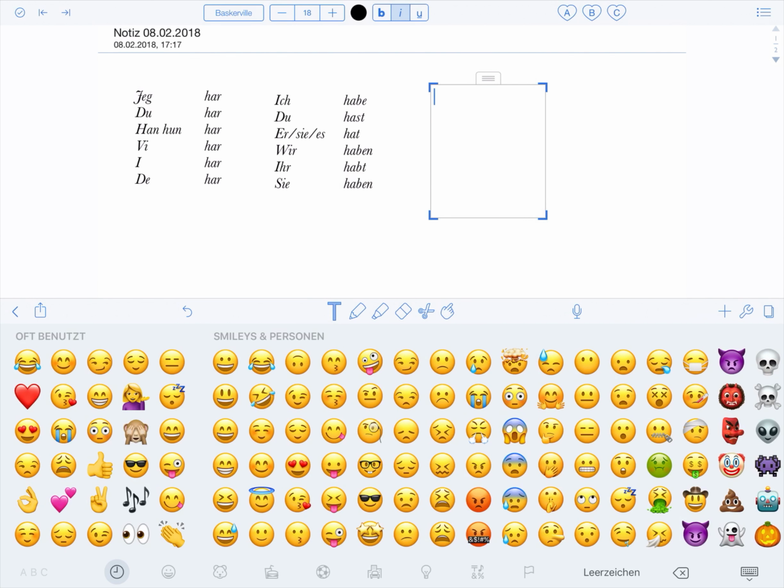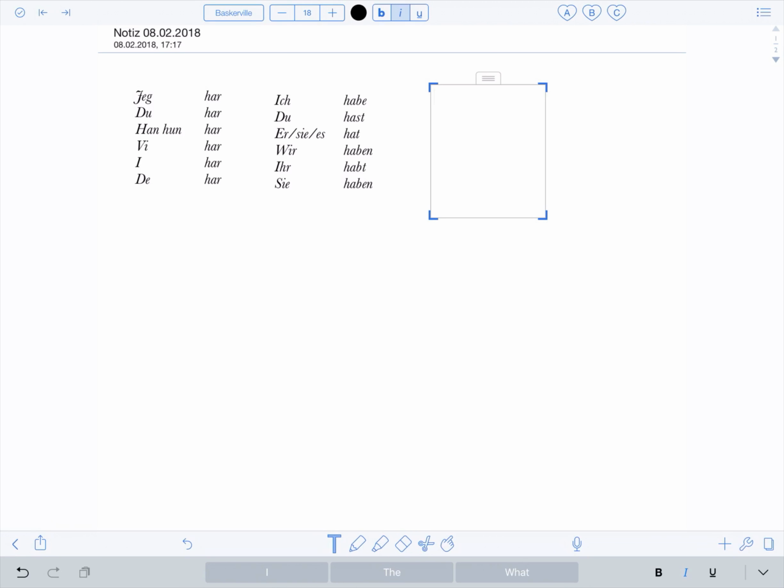We simply lack practice. Inflecting verbs in German is for Danes not automatized.